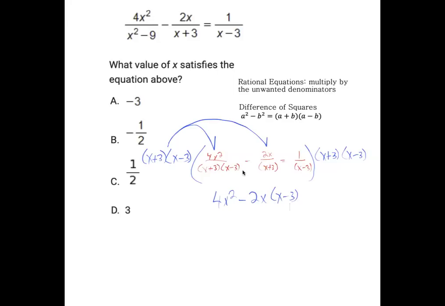Most of the people who would miss this question would miss it because of that minus sign. So the better thing to do here is to attach it to the 2x, where it's in a safe place where we're less likely to lose it. Now, when we distribute here, the x minus 3's cancel, leaving you with x plus 3.